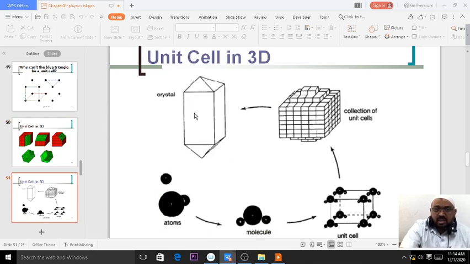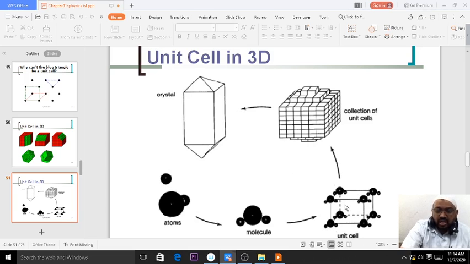Now, you can see there is a crystal here. We start with atoms here, right? So I talk about the basis. Atoms are there, and again these atoms combine to form a molecule. And the molecules or the atoms or the ions are arranged in this particular fashion. I join these particular molecules or atoms or ions, so I get this particular figure.